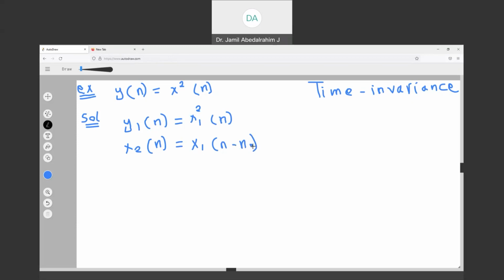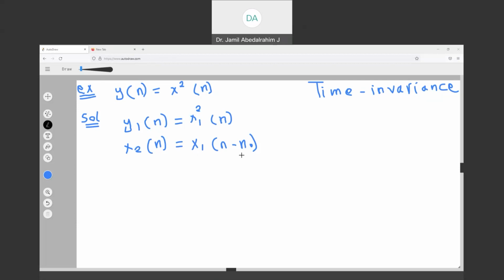The n naught is a specific number, as I mentioned before. It could be 3, 5, 2, any number. This is an assumption and a fixed step that we need to write: x2 of n equals x1 of n minus n naught. We assume we have another input that is the same as the first input but shifted by n naught.